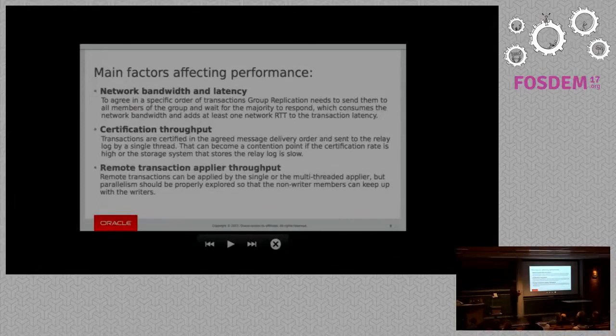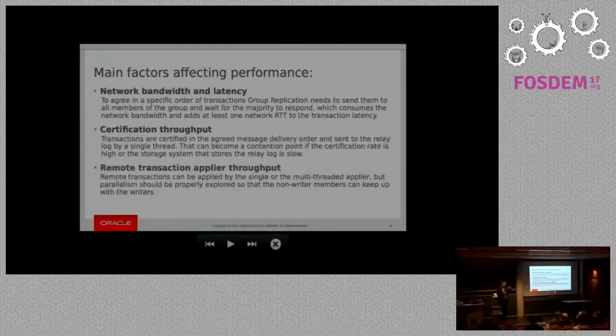But this happens to everyone, so that's fine. You just have to adapt to that. And then the certification throughput also is an important factor, because the certification is a sequential process. We do it in a single thread that decides what happens to the transaction.